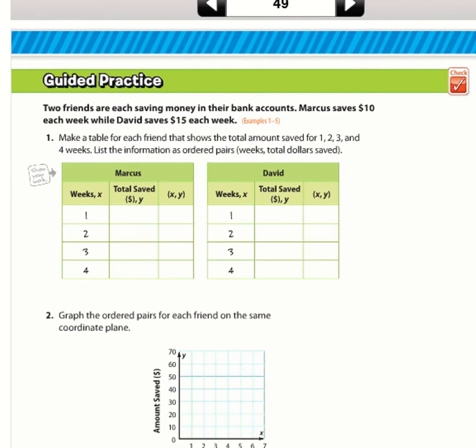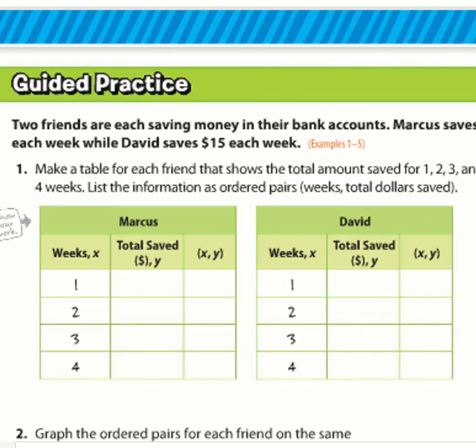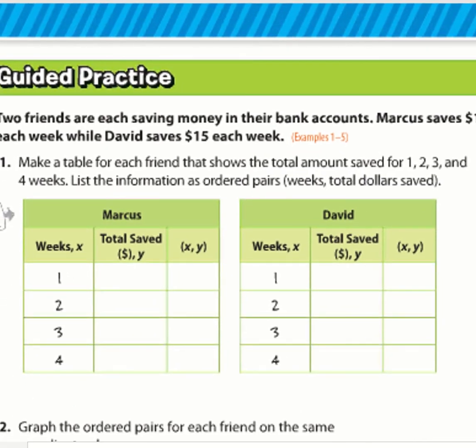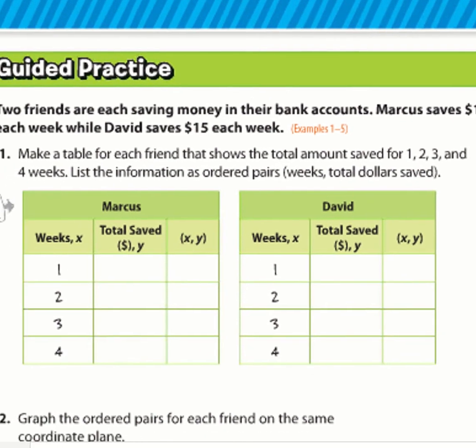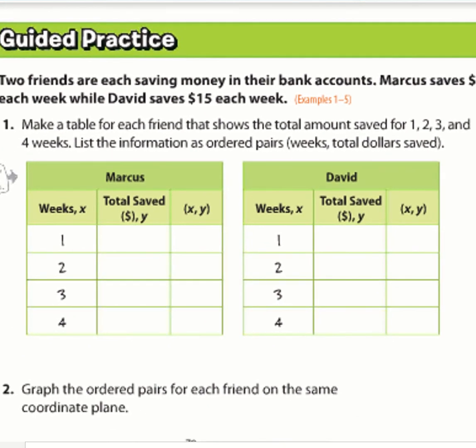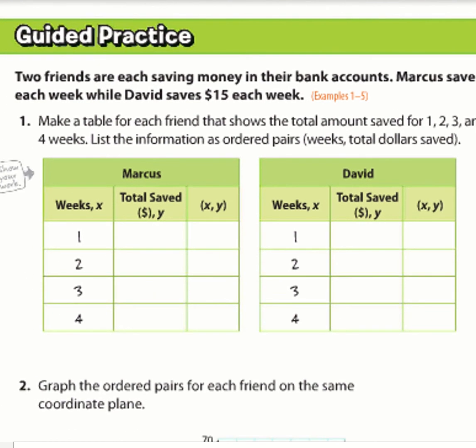I want us to try the guided practice real quick. It says 2 friends are each saving money in their bank accounts. Marcus saves $10 each week, while David saves $15. So Marcus saves $10 each week. So first week is 10, second week is 20, third week is 30, fourth week 40.